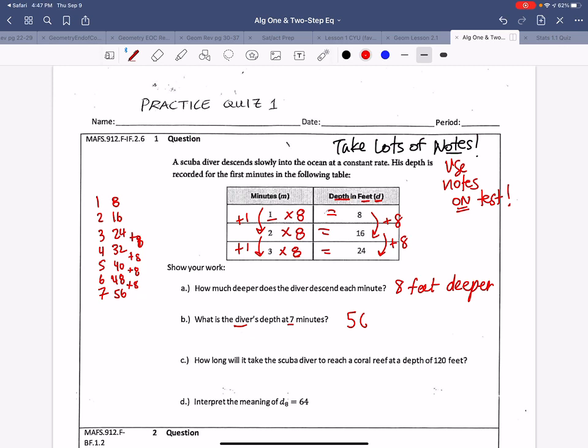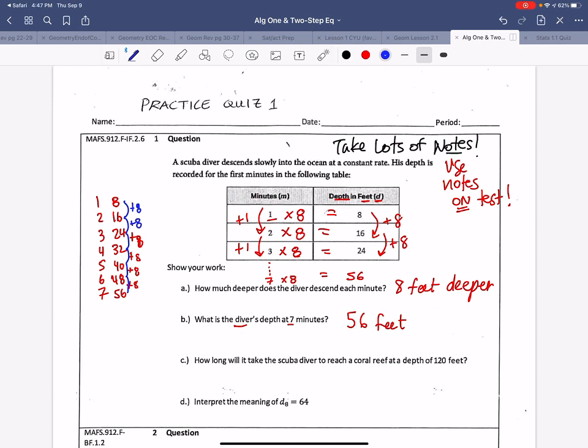So what is the diver's depth? 56 feet. But notice we can kind of figure this out. 7 times 8 is 56. So we could have gone straight to our answer instead of doing repeated addition, repeating the pattern over and over again.